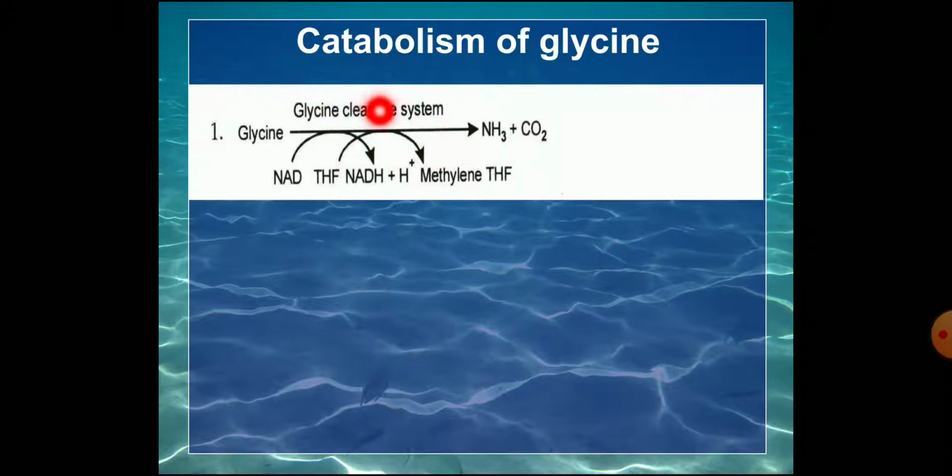When the same enzyme is converting glycine to ammonia and carbon dioxide, it is called the glycine cleavage system, where NAD and tetrahydrofolic acid are utilized, and NADH plus H and methylene tetrahydrofolate are produced. Finally, ammonia and carbon dioxide are produced. So this is the major pathway of catabolism of glycine.